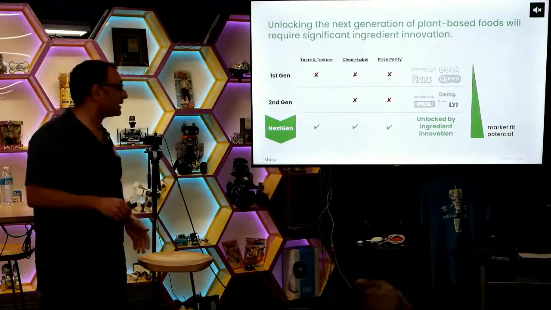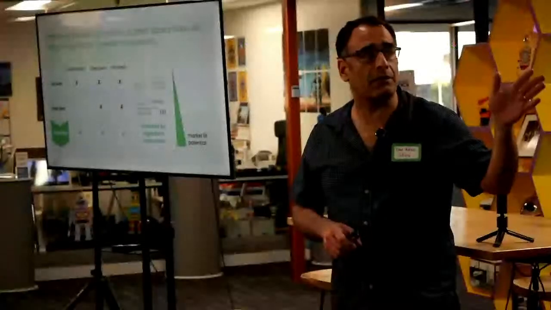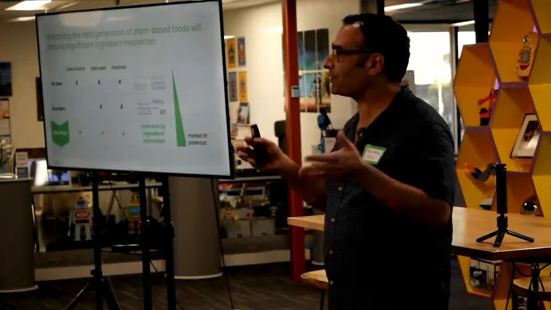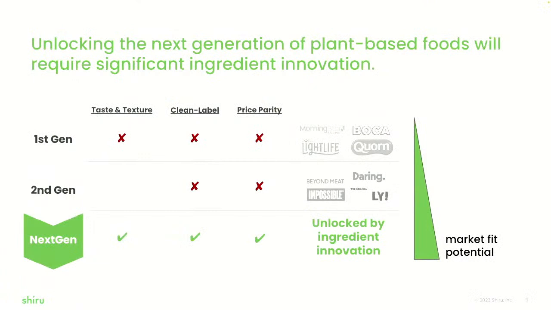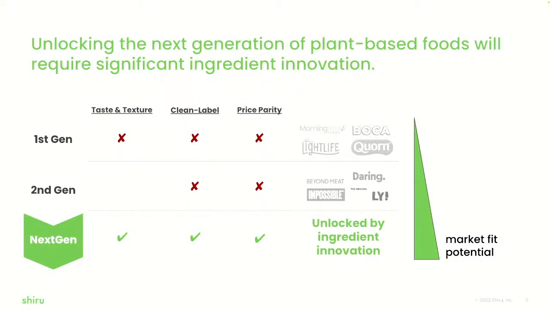And there's a history already, starting with the first generation that had some limitations in terms of taste, texture, price and the clean label. Then the second generation was a massive improvement in terms of taste and texture. My daughter is a vegetarian.